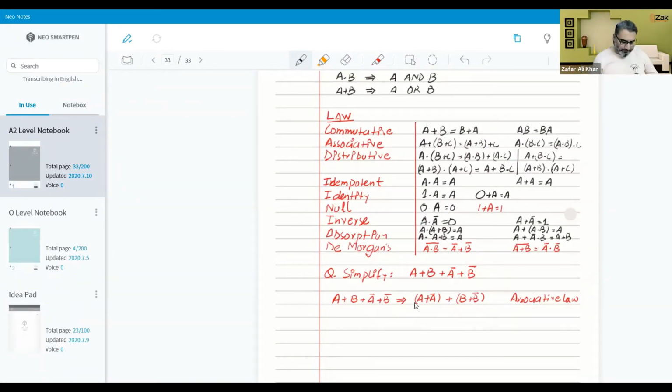Okay, now let's apply the inverse law. So A plus A naught is equal to 1 over here, by the inverse law.